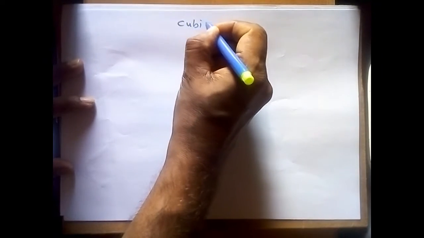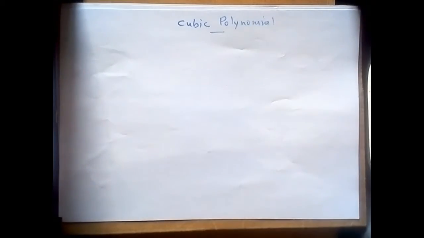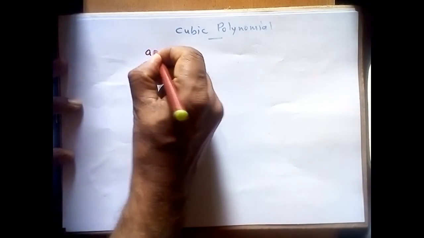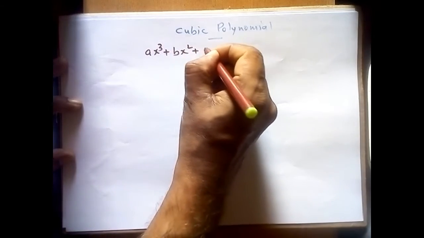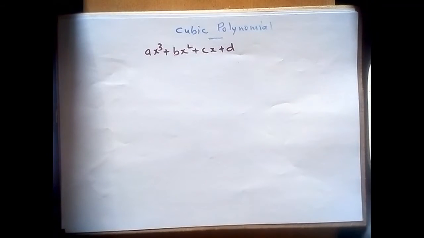What about cubic polynomial? What is cubic polynomial? Yes, a polynomial of degree 3 is a cubic polynomial. For example, ax cube plus bx square plus cx plus d is the general form of the cubic polynomial.